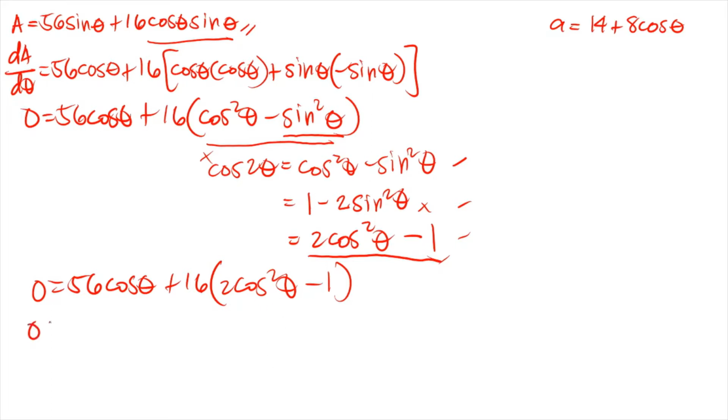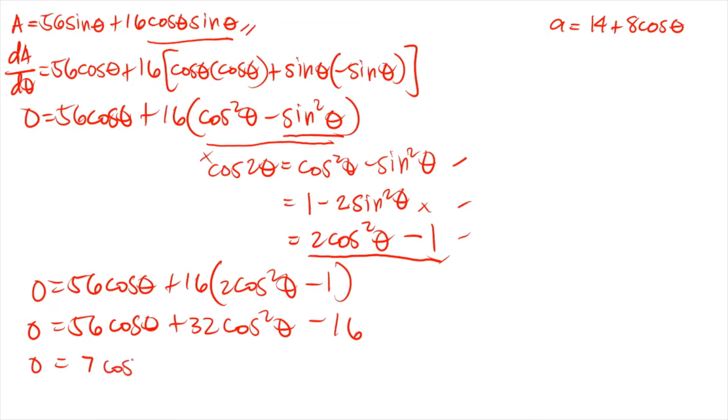Now we have 0 equals 56 cosine theta plus 32 cosine squared theta minus 16. Looking at the three terms, the GCF is 8, so we can divide both sides by 8. 56 divided by 8 is 7 cosine theta plus 32 divided by 8, that would be 4 cosine squared theta, minus 16 divided by 8 is 2.